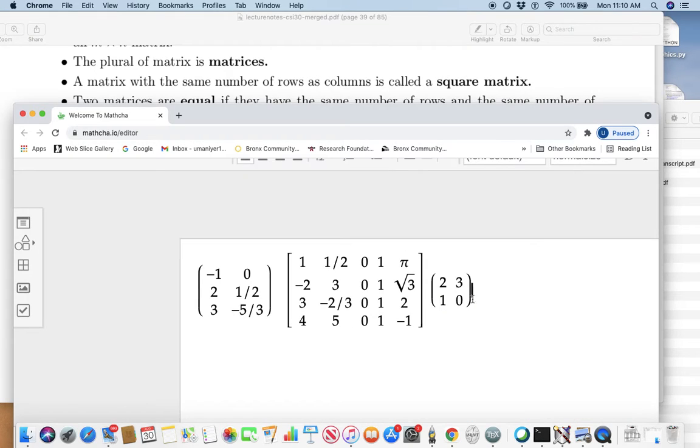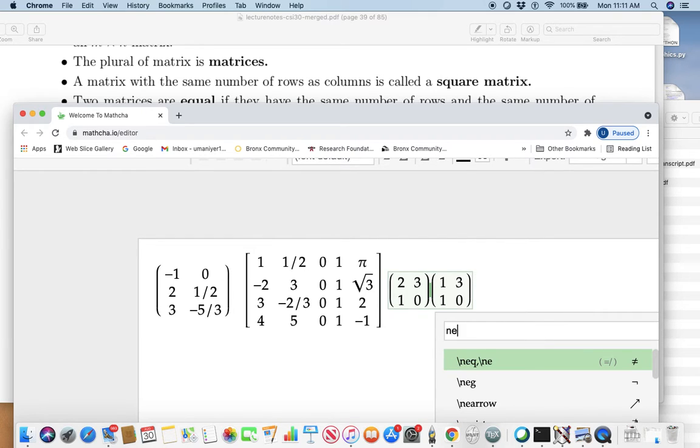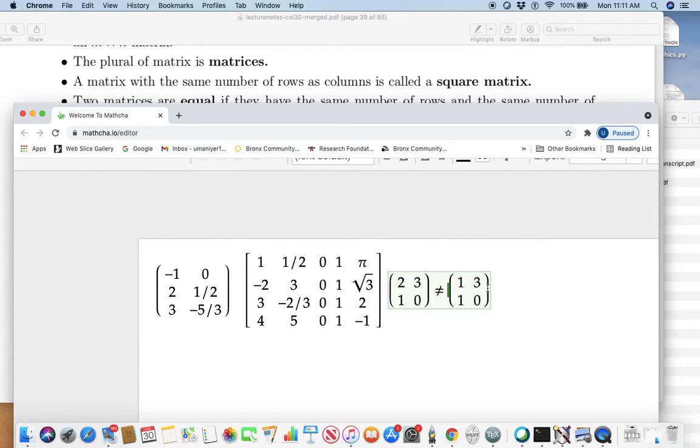So if I take this matrix and copy it, but instead of 2, I have a 1 here, then even though the sizes are the same and the respective elements are the same, this one entry is different, so they are not equal. I hope it's clear.